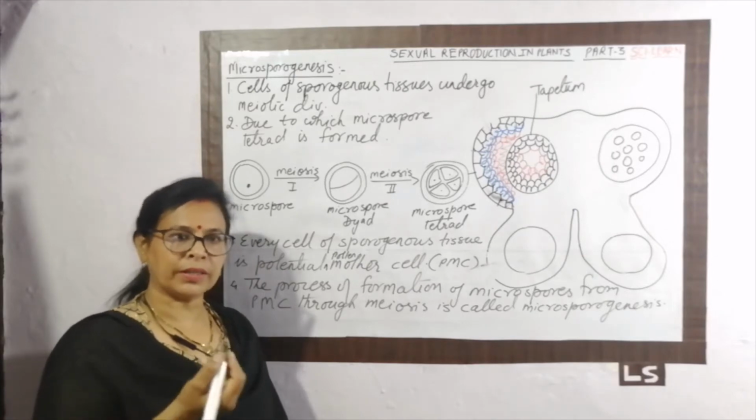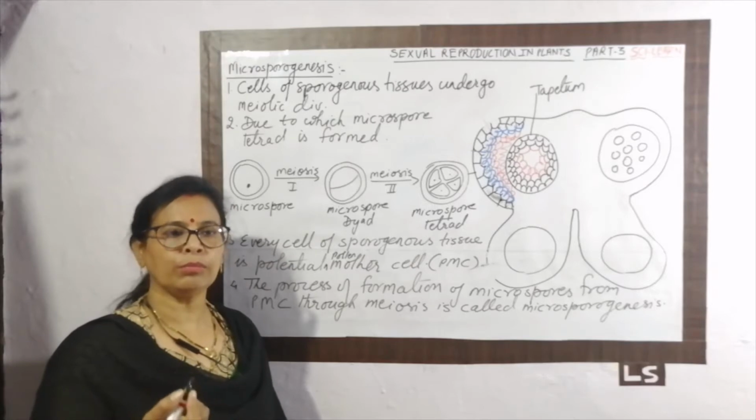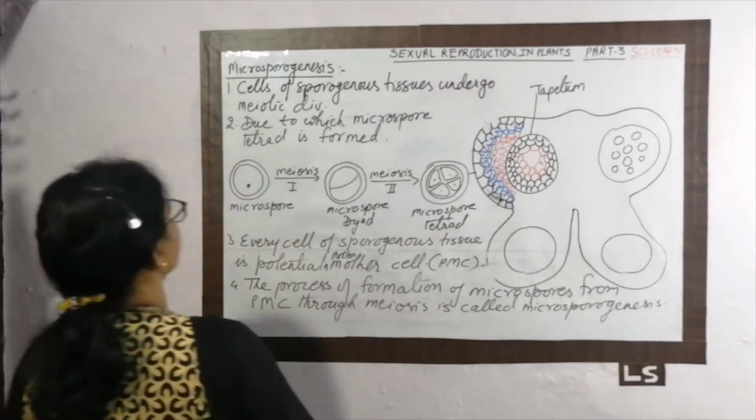Now, what is the peculiar thing going on? Each microspore mother cell undergoes meiosis to form haploid cells. These tetrads are haploid in nature.